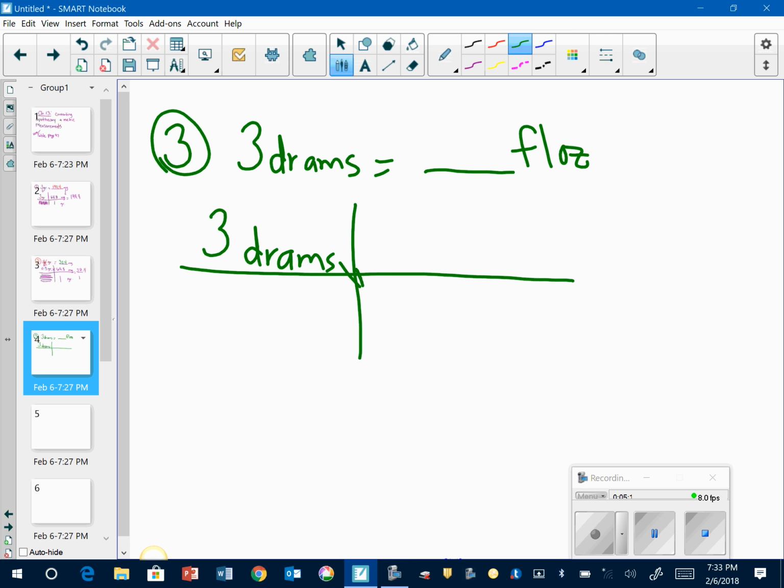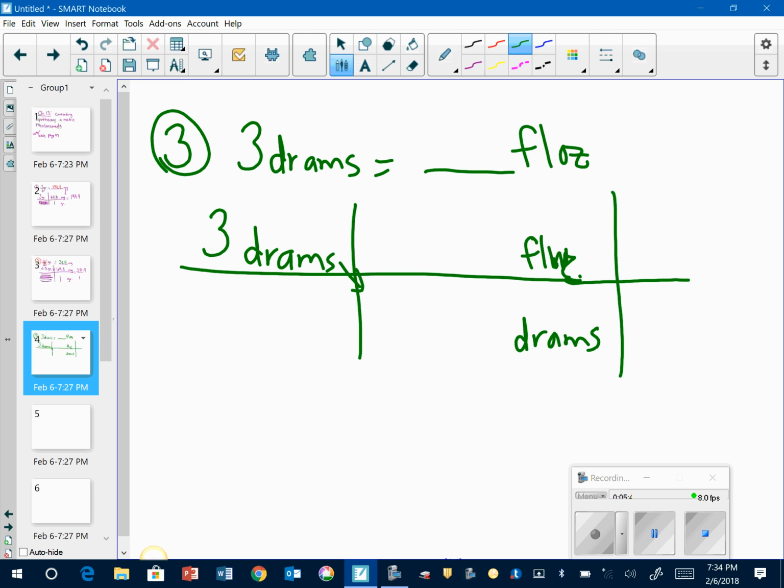If it's drams here, you have to have drams here, and of course you want to have ounces here. But if you look in your chart, you don't have one that goes straight from drams to ounces. But you do have one that goes from drams to milliliters, and then milliliters to ounces. So we're going to do our long cross.